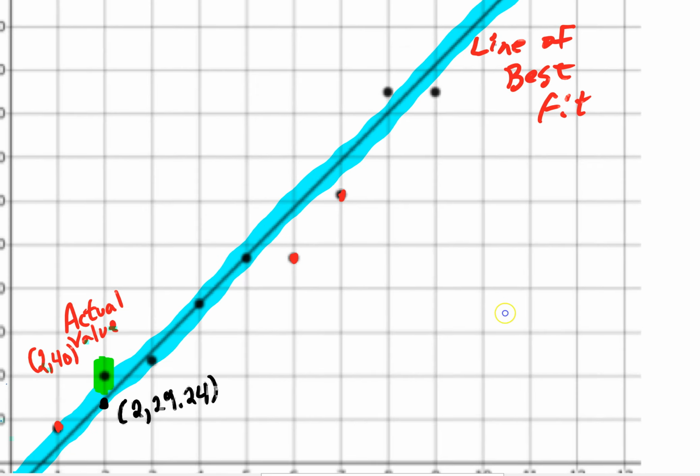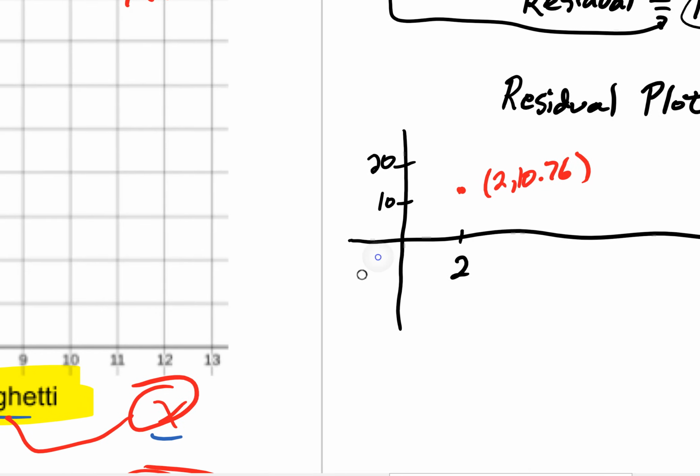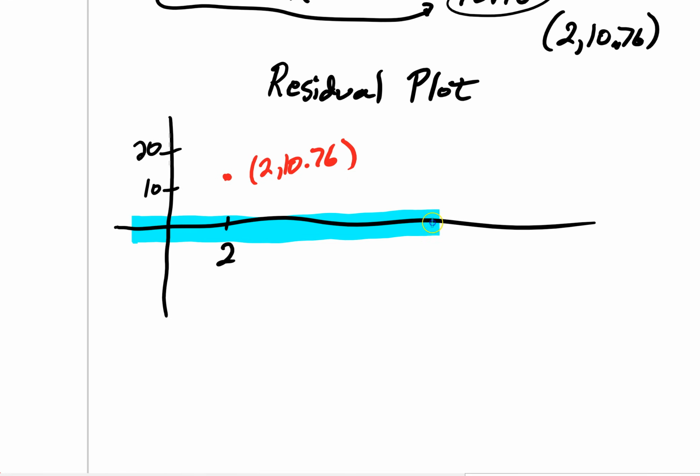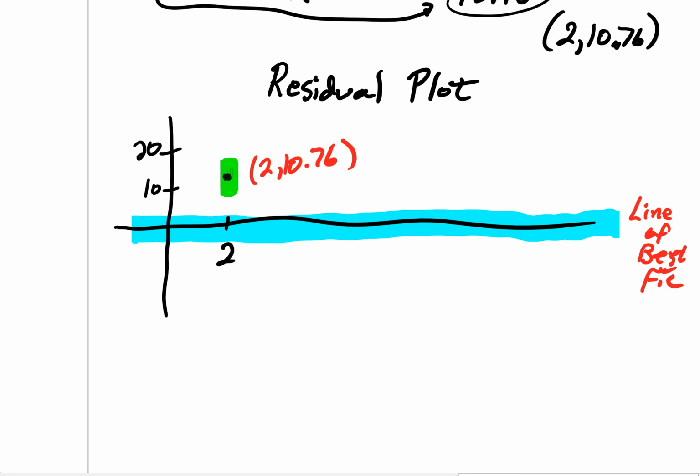As we said in class 2, when you're looking at this blue line, the line of best fit, the regression line, we could assume that the x-axis is your line of best fit, and this point right here is an actual point. It's showing that that actual point is above the line of best fit.